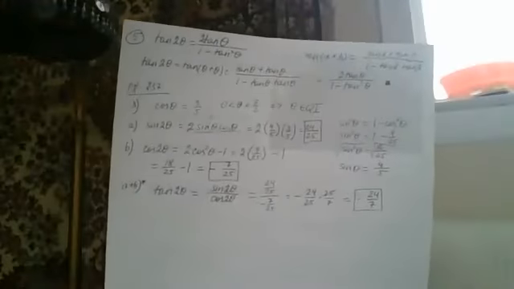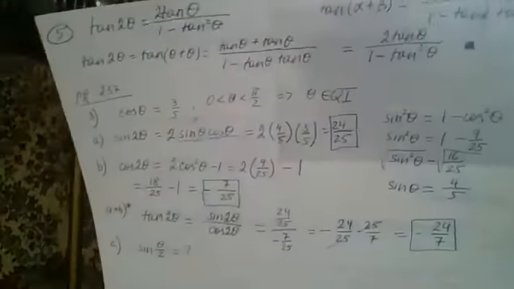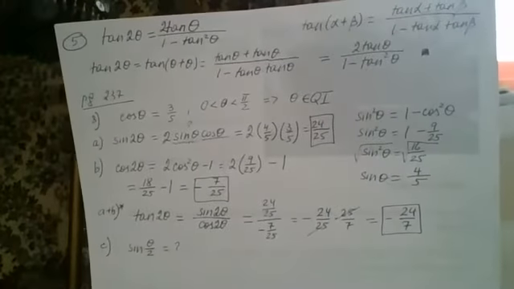Okay. With your permission, can I go back to that problem which we solved parts A and B for? Okay, so now part C. In part C, I was asked to find sine of theta over 2. What am I going to do?